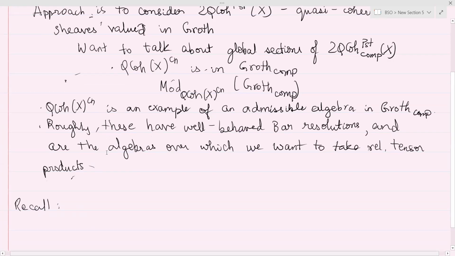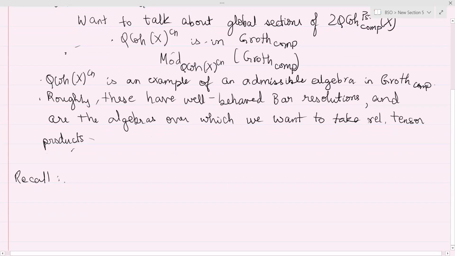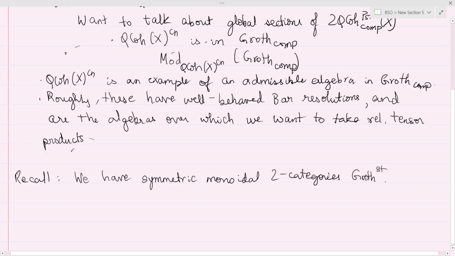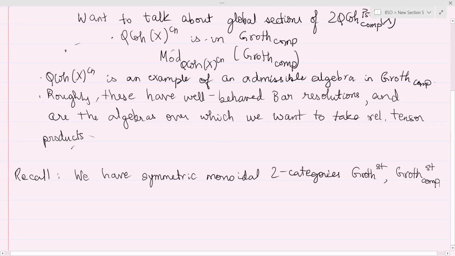A couple of weeks back, Alex was talking about this 2-category Groth^{ST,comp}. We have symmetric monoidal 2-categories, Groth^{ST} and Groth^{ST,comp}.